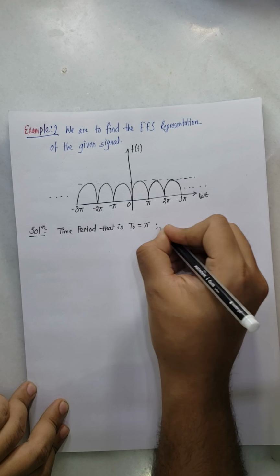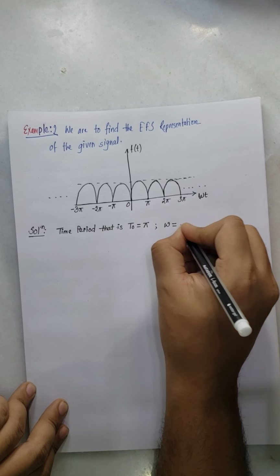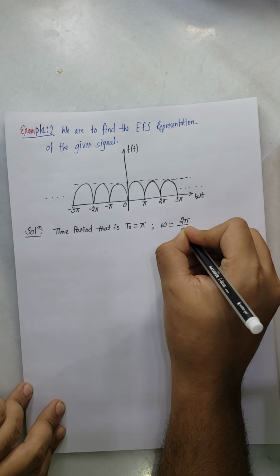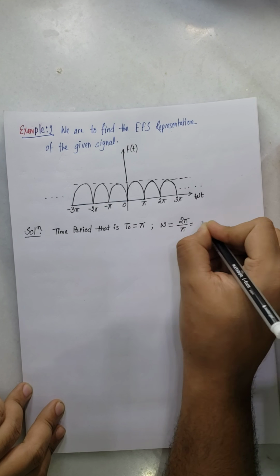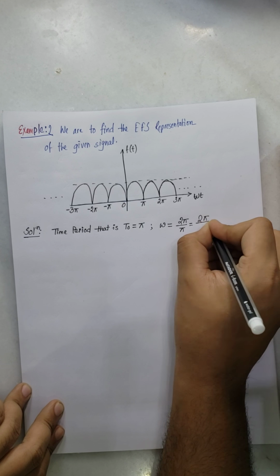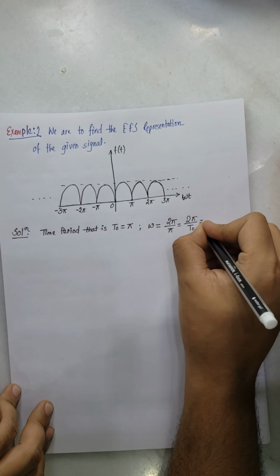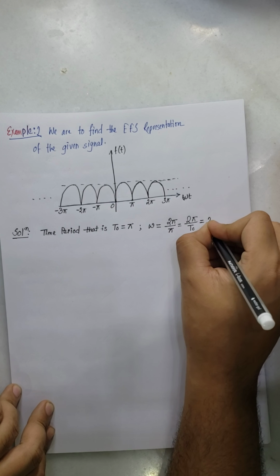Very well, so the angular frequency omega will be twice pi over T naught, which is the formula, which equals 2.